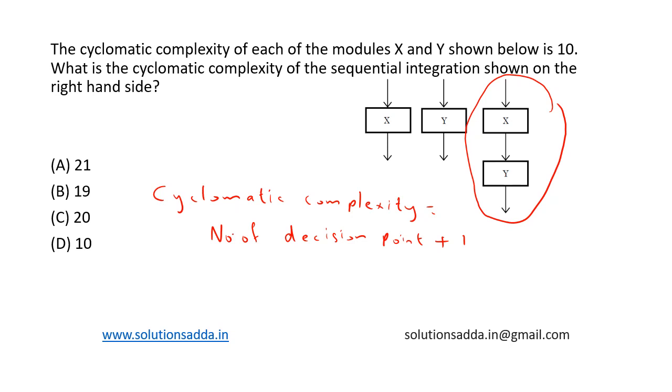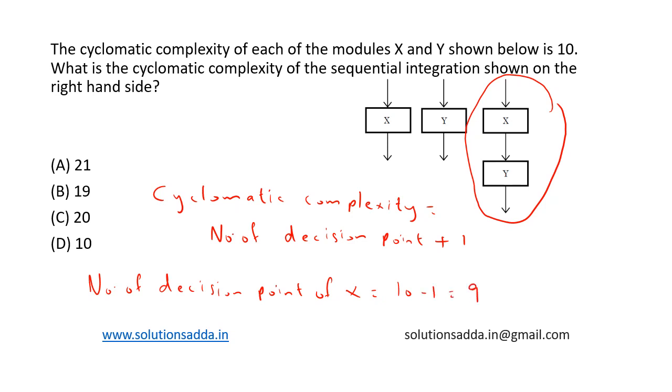So the number of decision points of X is equal to cyclomatic complexity minus 1, that is 10 minus 1, which is equal to 9.